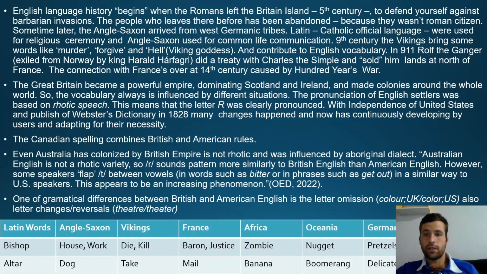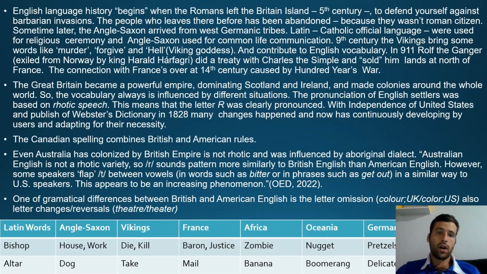In the 9th century, the Vikings brought some words like murder, forgive, and hell, and contributed to the English vocabulary. Great Britain became a powerful empire, dominated Scotland and Ireland, and made colonies around the whole world.